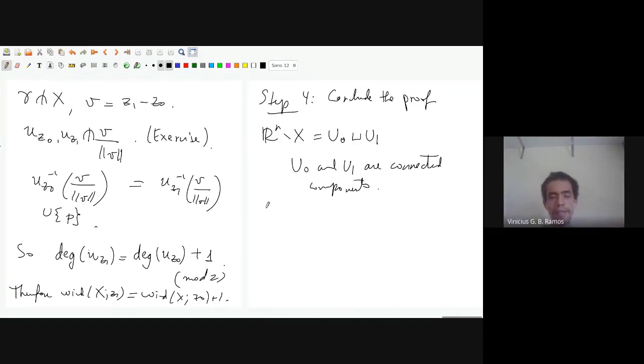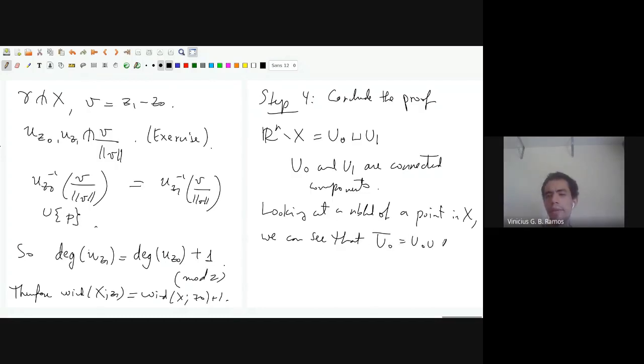It's actually easy to see by just looking at a neighborhood of a point in X that U0 bar, which is just U0 union X, is a manifold with boundary X, and similarly for U1.